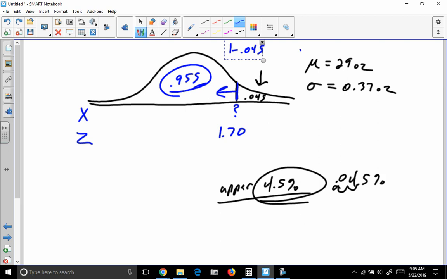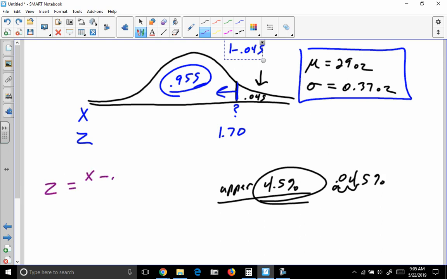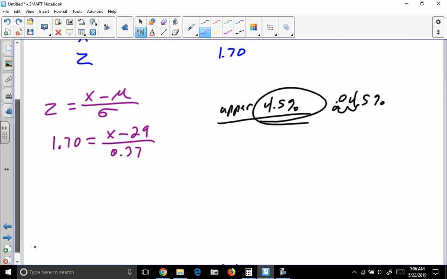If we know a Z, the mean, and the standard deviation, we can use that to find our X. Z is our X value minus the mean, divided by the standard deviation. So if we know Z is 1.70, we're trying to find X. We're told the mean is 29 and the standard deviation is 0.37.